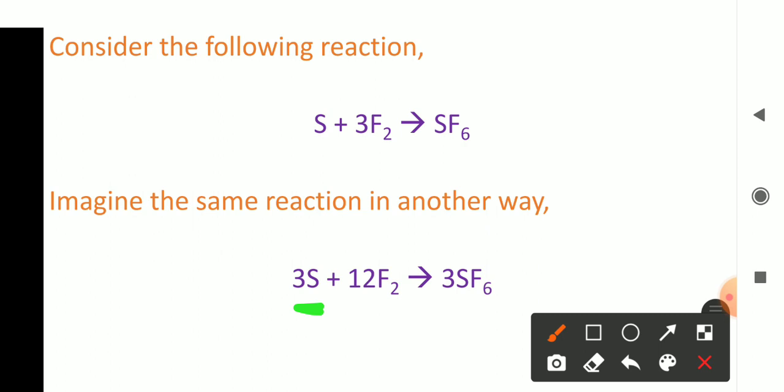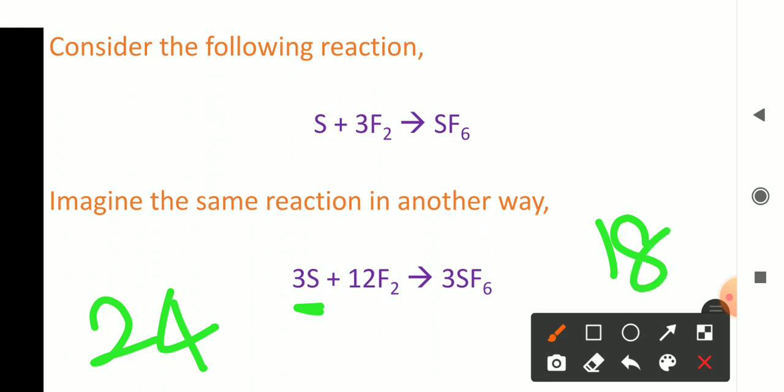Is it clear, students? Okay, now come to fluorine. If we identify the limiting reagent, automatically we can say the excess reagent. Here what is the excess reagent? Fluorine is the excess reagent. How? In the reactant side we have 24 atoms of fluorine, whereas in the product side we have only 18 atoms of fluorine. So in this case, sulfur is the limiting reagent. It is present in a lower quantity, so because of its lower quantity, the reaction is stopped from further taking place.